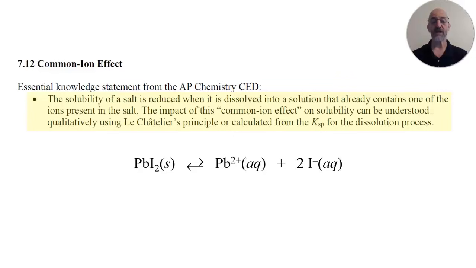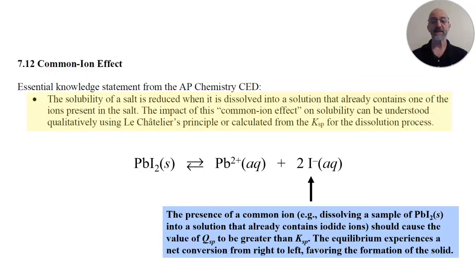So there's my equation for the dissolution of solid lead iodide, but the presence of a common ion, in this case, for example, dissolving a sample of lead iodide into a solution that already contains iodide ions, should cause the value of QSP to be greater than the value of KSP. So why is Q greater than K? Because of the extra iodide ions present from this outside source, the potassium iodide. So that will cause a net conversion from products to reactants, or from right to left.